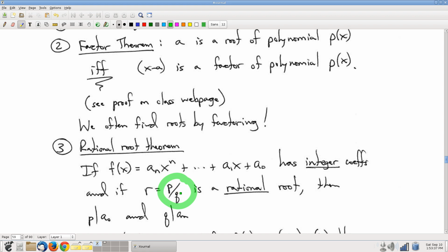And the amazing fact is that this numerator has to be a factor of a naught, and this denominator has to be a factor of a n. Okay. We'll see some examples of how to use this in a few minutes.